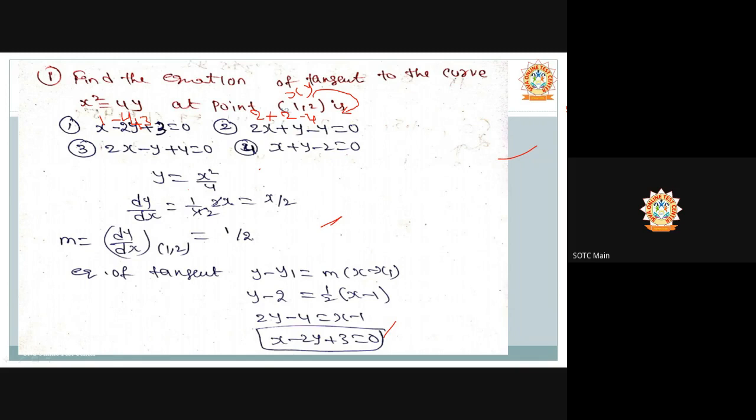Now try to find the equation of the normal. Find the equation of normal. There is just a change in the formula: y minus y1 is equal to minus 1 by m into x minus x1. 2x plus y minus 4 is equal to 0, sir.